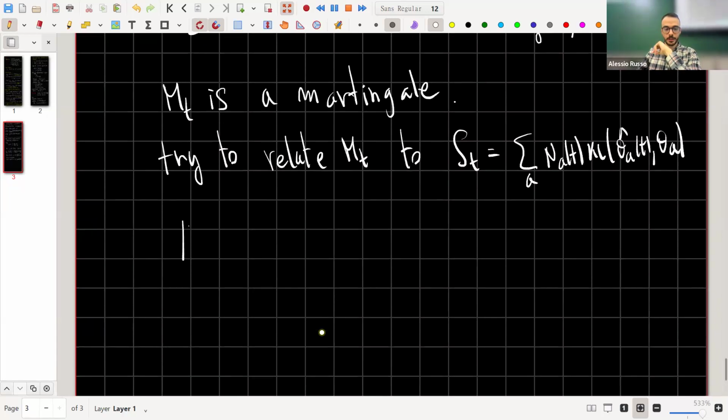So the idea is that we have that MT is a martingale, so it's also a supermartingale. The idea is to apply Ville's inequality.